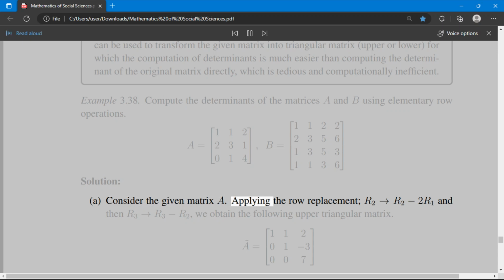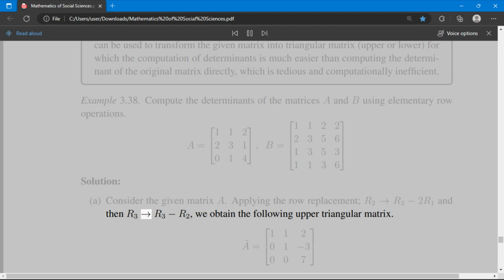Solution. A. Consider the given matrix A, applying the row replacements R2 → R2 - 2R1 and then R3 → R3 - R2. We obtain the following upper triangular matrix.